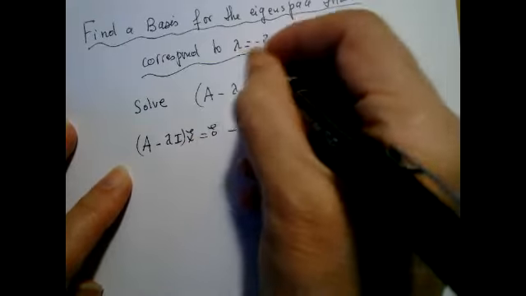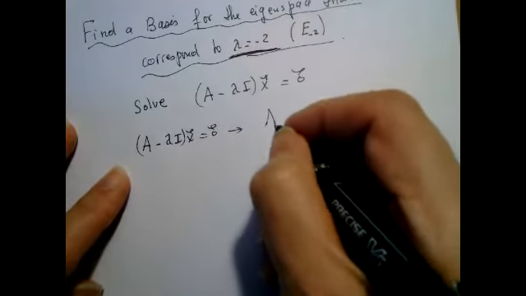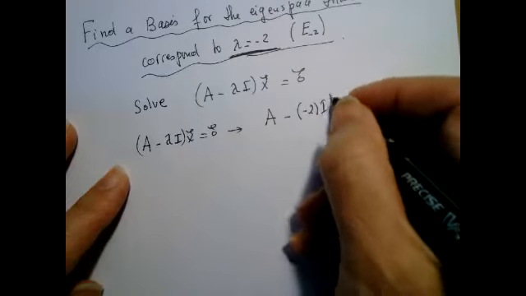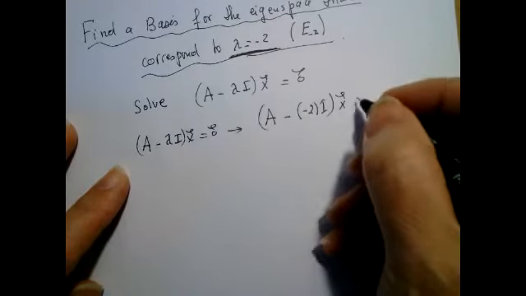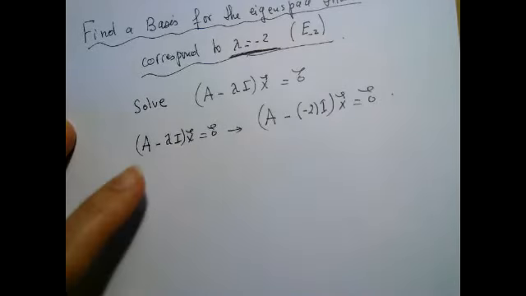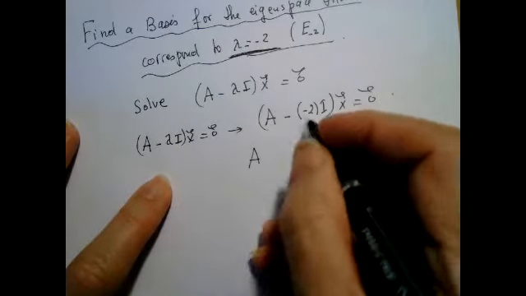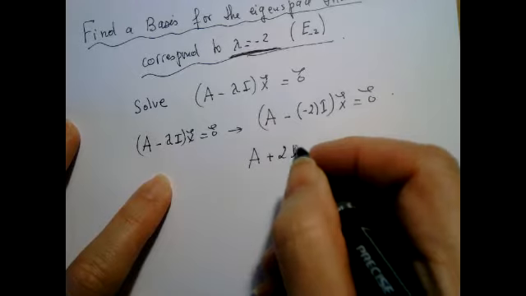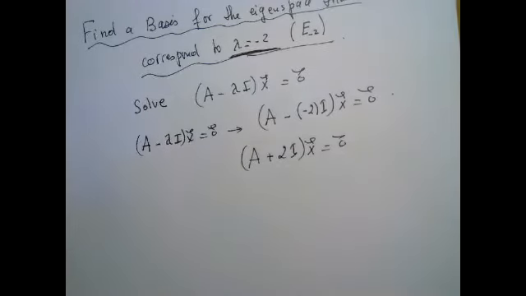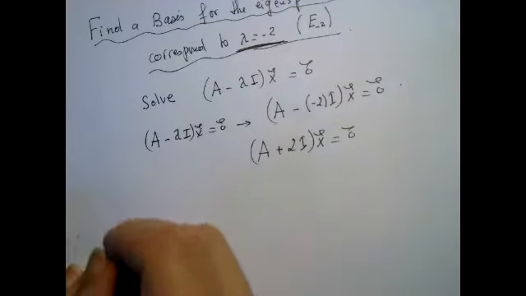So (A minus lambda I) x equal to 0. It means now there is a minus 2, so we have to be careful here. It means (A minus (minus 2) I) x equal to 0. That's what we have to solve. Now we can make our life easier, and because lambda is negative, we have to be very careful. So let us compute A plus 2I.